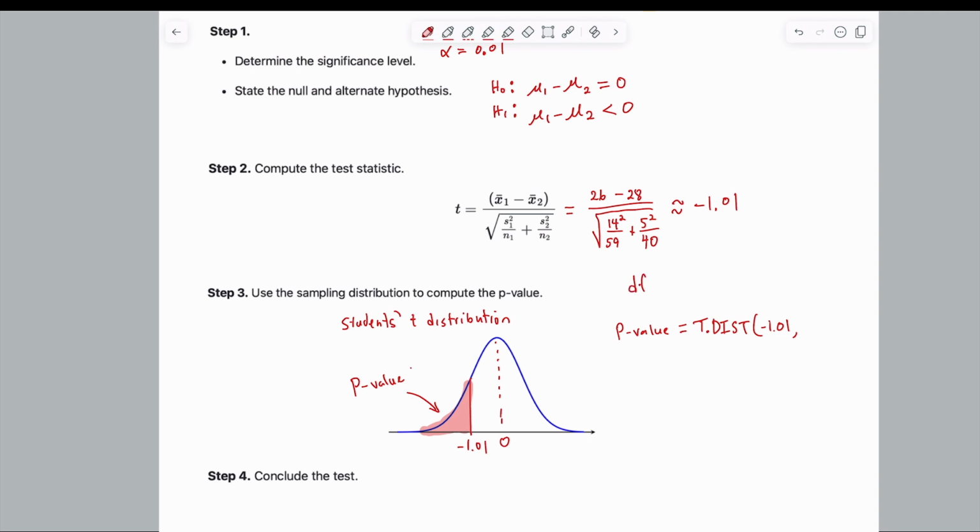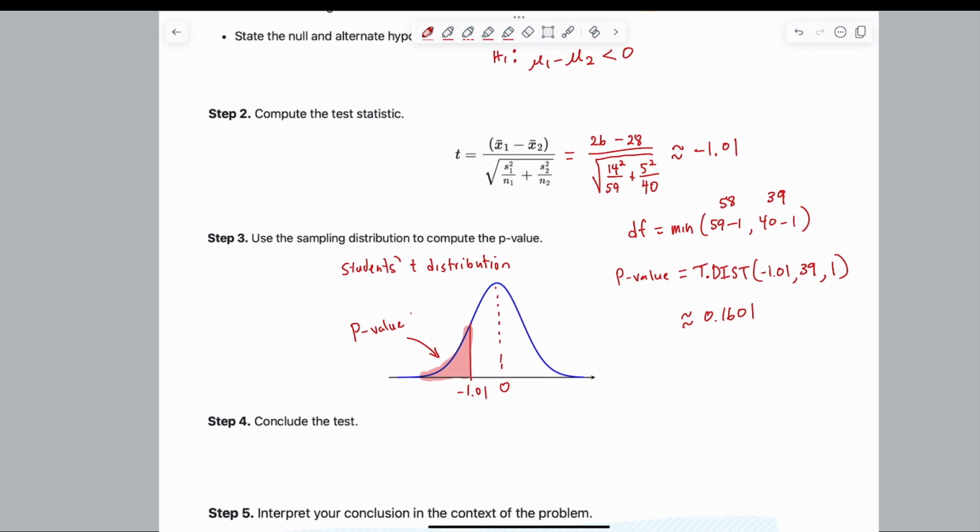And the degrees of freedom here is going to be the minimum of 59 minus 1 and 40 minus 1. So in other words, the minimum of 58 and 39. So the degrees of freedom would be 39, and then comma 1. So we type in equals T.DIST negative 1.01, comma 39, comma 1, and then this will give us a p-value, rounded to 4 decimal places, of about 0.1601.